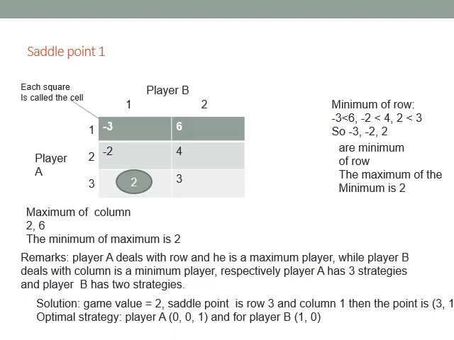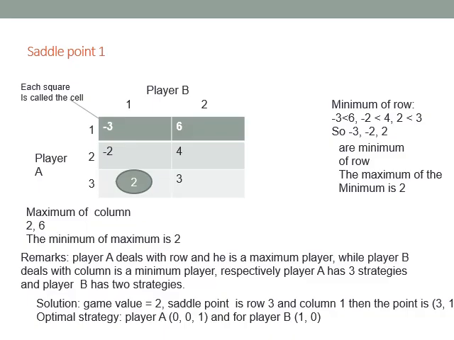The value of 2 is in the third row of player A and the first column of player B. So this value of 2 is known as the game value.